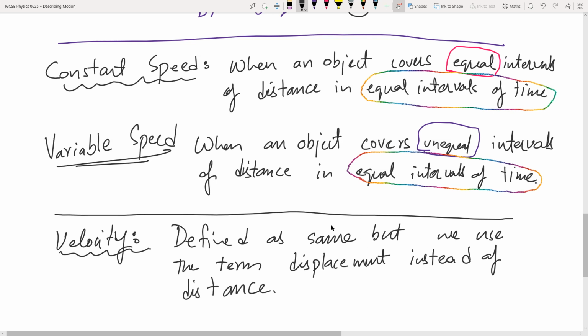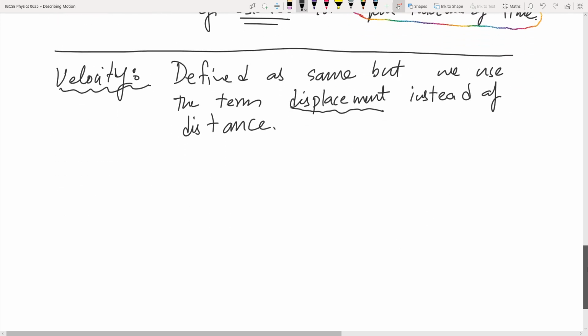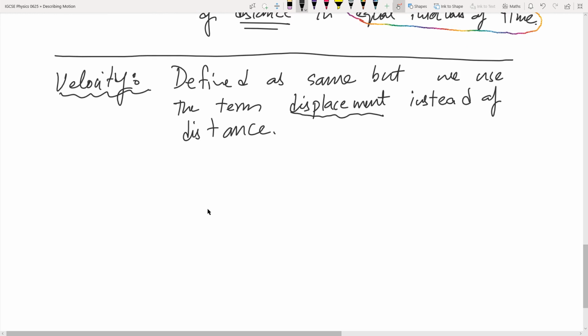So that's the only difference we're going to have. Over here, if we defined constant speed as this, then we are going to use the word distance. Instead we will be using displacement now. And similarly, when we define variable velocity, we'll take the same definition of variable speed where we had distance. Now we'll use the word displacement over here. So that's the only difference between this.